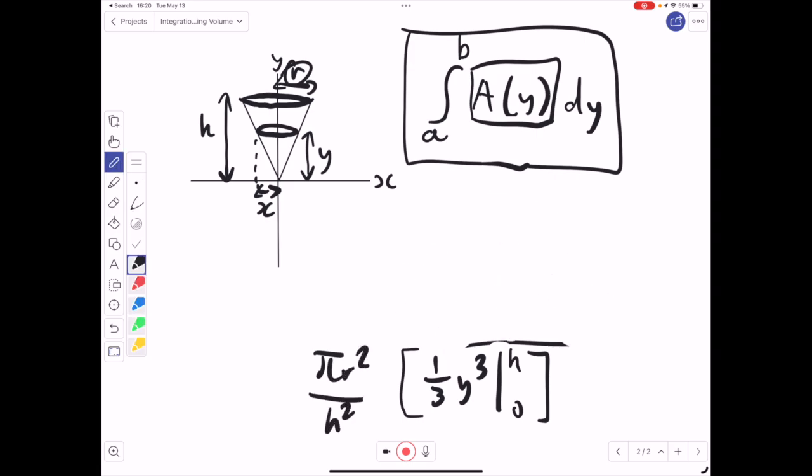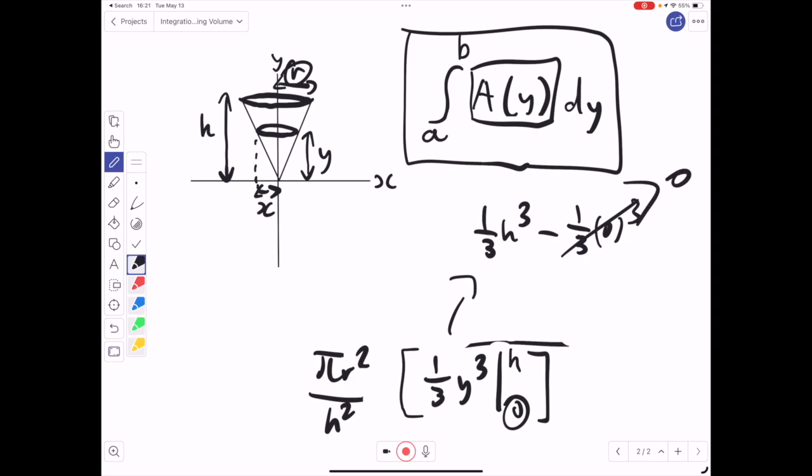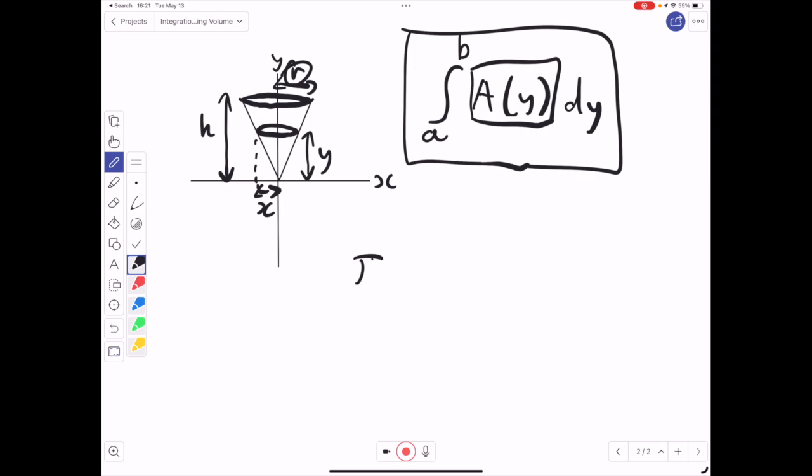Now from this expression, we can find that this becomes 1/3 of h cubed minus the lower bound, which is just 1/3 of 0 cubed. Well, that just becomes 0. So all we're left with is pi r squared over h squared, and then you're multiplying by 1/3 h cubed.